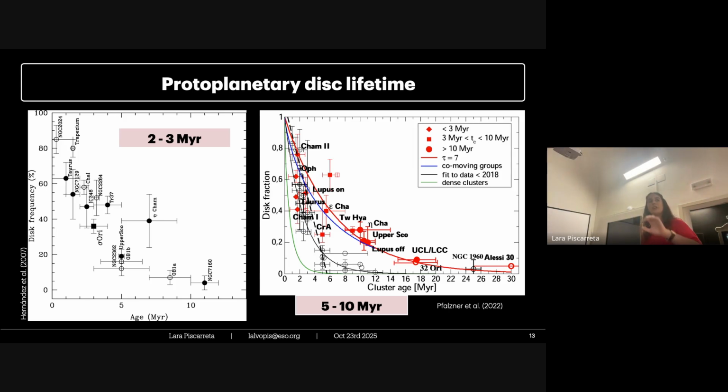Sorry. So if we focus on nearby star-forming regions and we get more complete in our samples, it seems that the typical disk lifetime that we get is between 5 to 10 megayears.